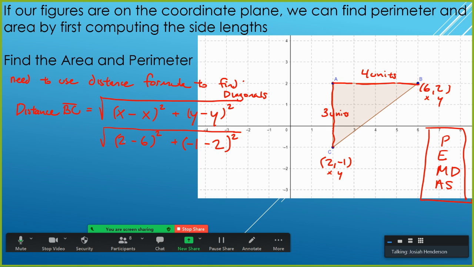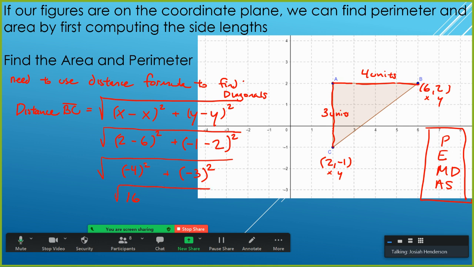So inside the parentheses, we're going to clean those up and then square them. 2 minus 6 is -4. -1 minus 2, they're both negative, so that stacks up to -3. Now we've got to square these. -4 times itself is +16.